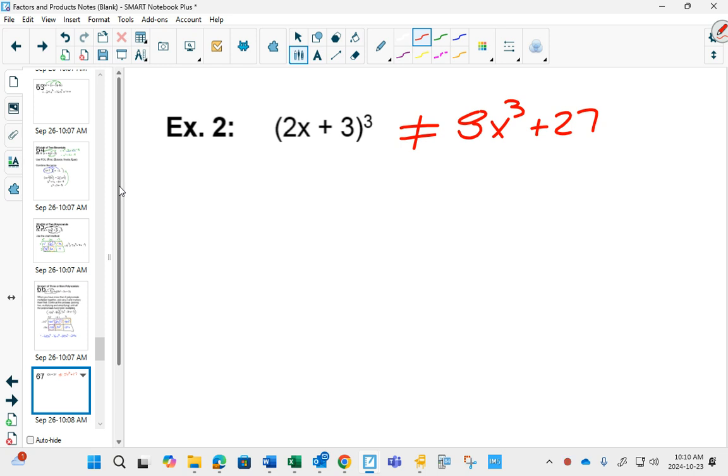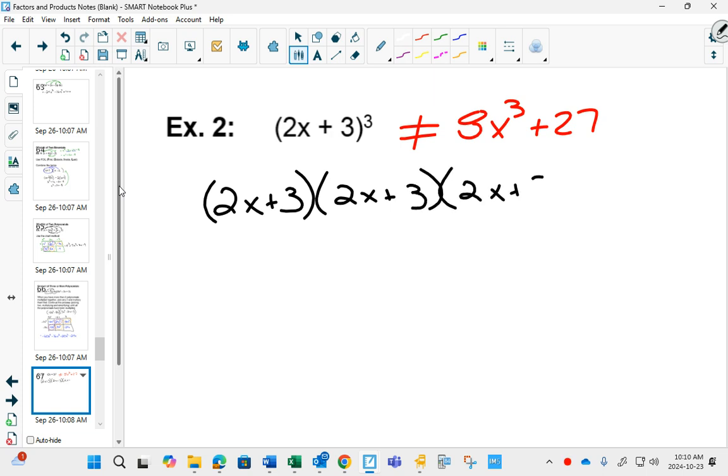Because if we write out what 2x plus 3 cubed actually means, it means repeated multiplication of 2x plus 3, 2x plus 3, and 2x plus 3. And when you're multiplying more than two, choose 2 of them.